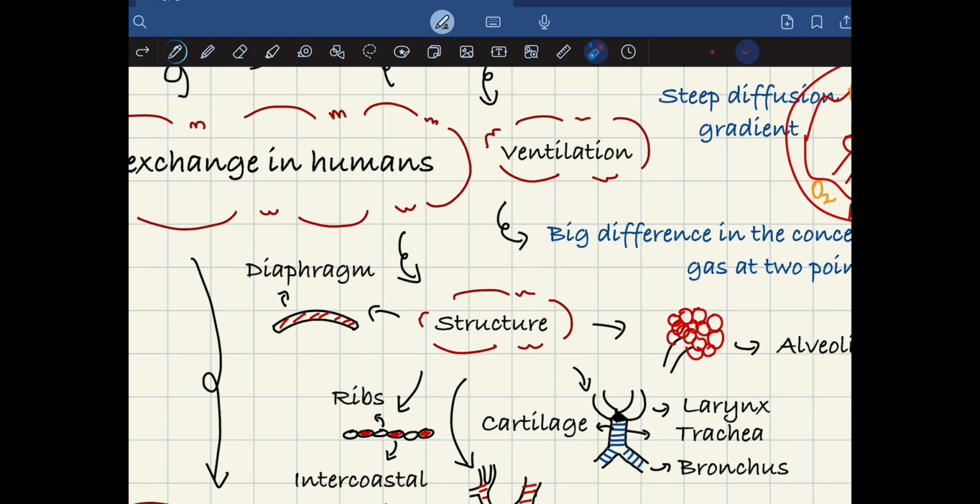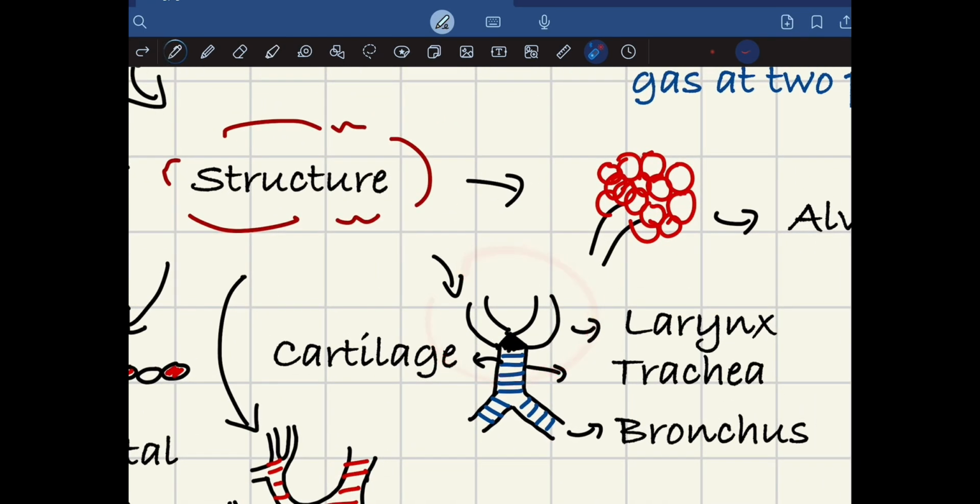The larynx is U-shaped. Over here you have your trachea, also known as your windpipe. This is where the air goes through, your oxygen and carbon dioxide. And this over here is your bronchus, which basically leads to your lungs.